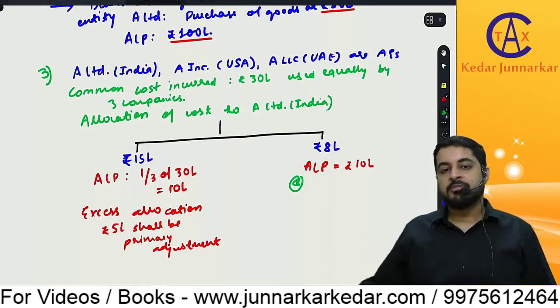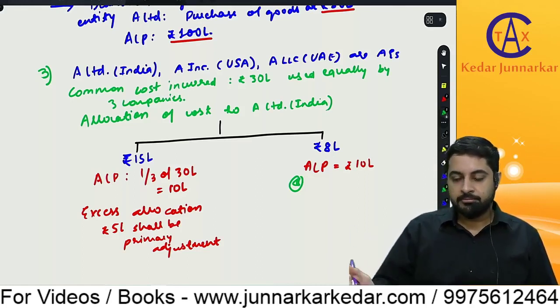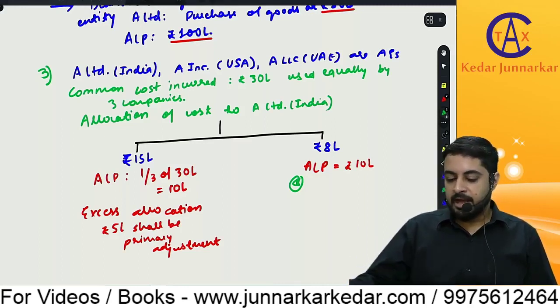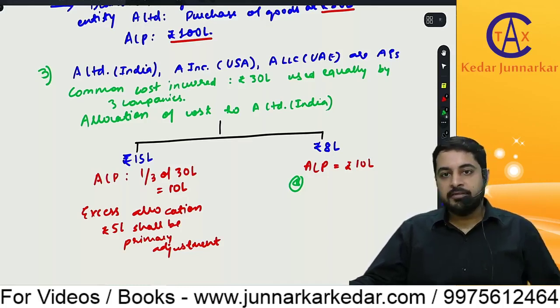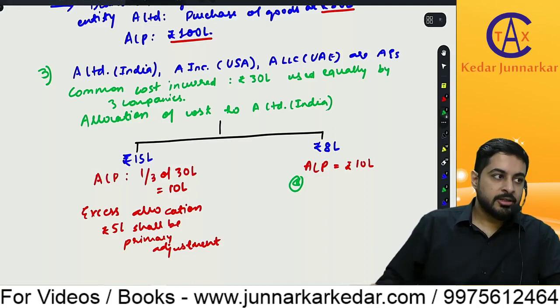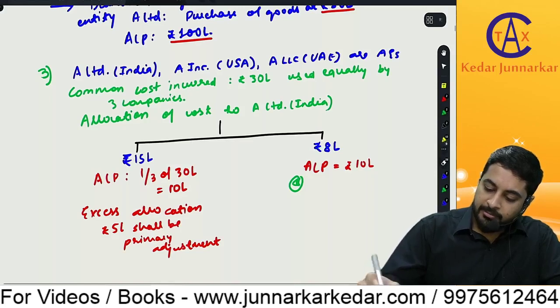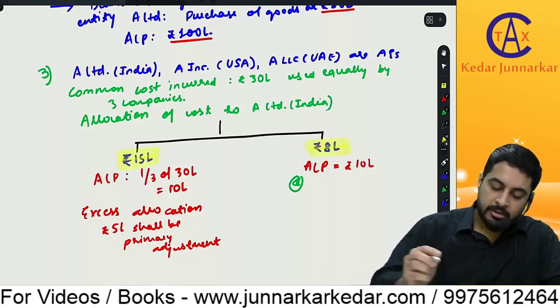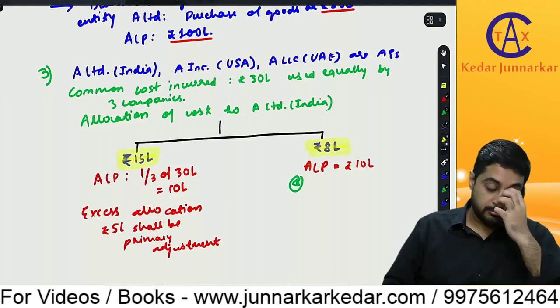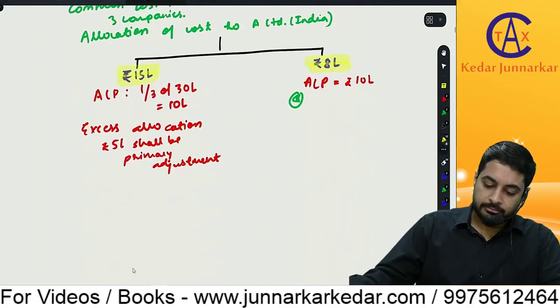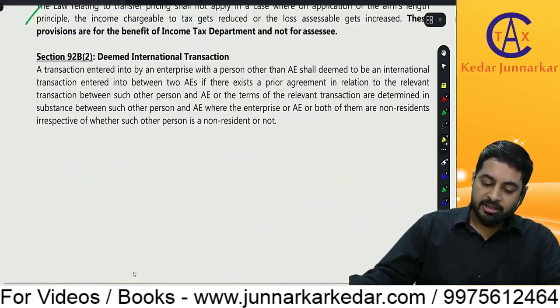Therefore, no such primary adjustment would be made, and allocation of rupees 8 lakhs would be deemed to be at arm's length. I hope you are understanding it.